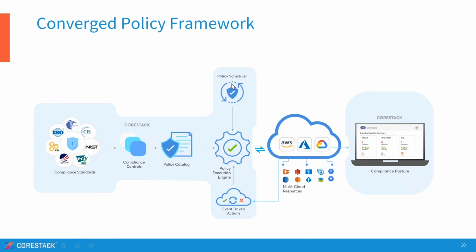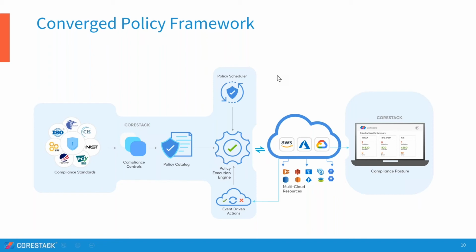You can schedule some of these policies to run, or they're also event-based, or you can do both. What it means is you are able to act proactively or reactively on events. Either you want to be just alerted, or you don't want certain behavior to happen at all. You can do both. And that's where CoreStack comes into the picture. Through our converged policy framework, our enterprises are able to set the guardrails.